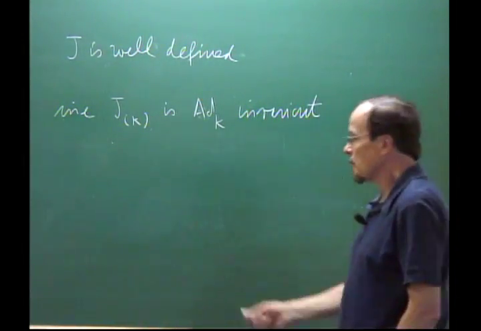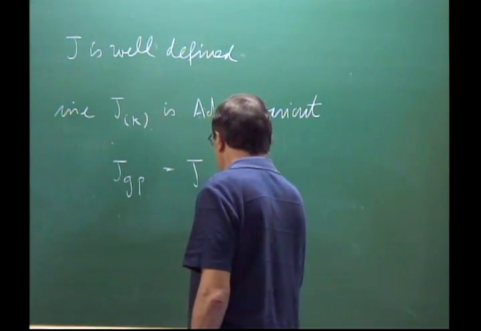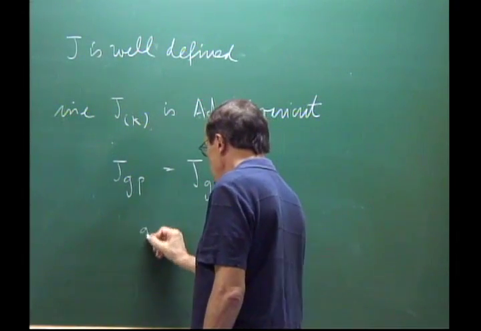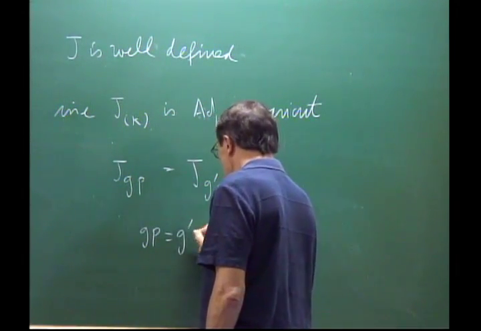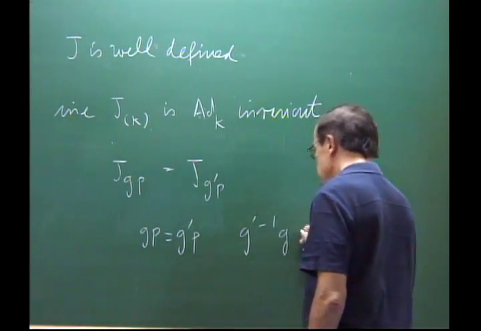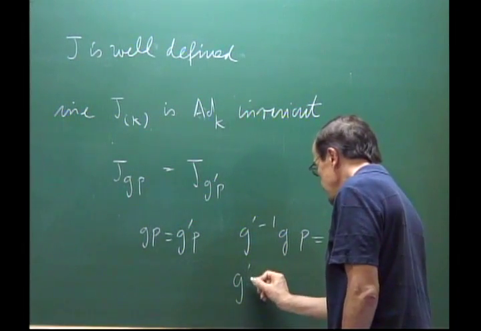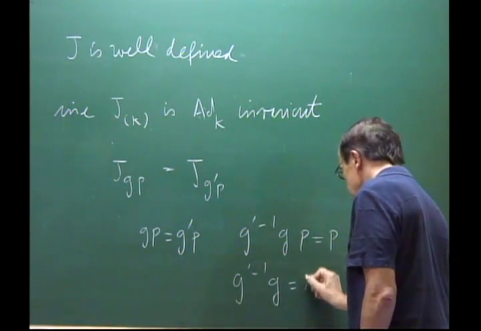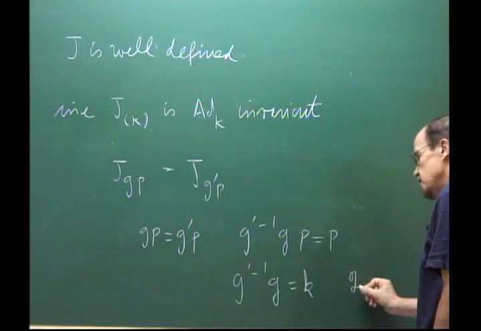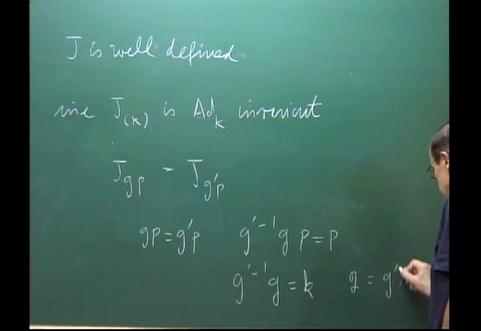Right, so if I can write J at gP as J at g prime P, if gP is equal to g prime P, then g prime inverse g fixes P, so that is equal to K. So the usual argument we've seen already, right? So that means that g is g prime k.